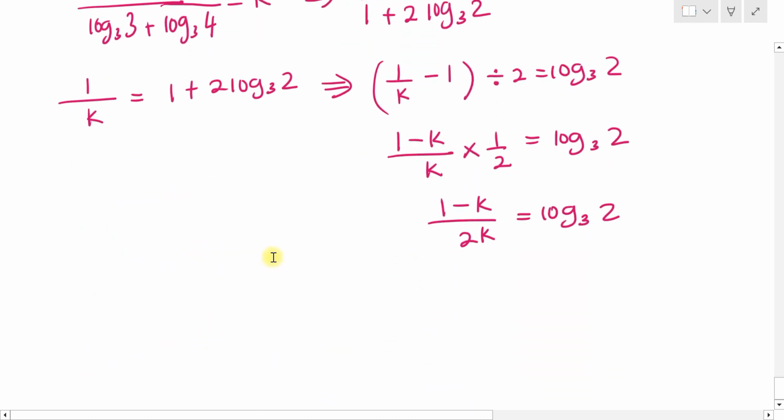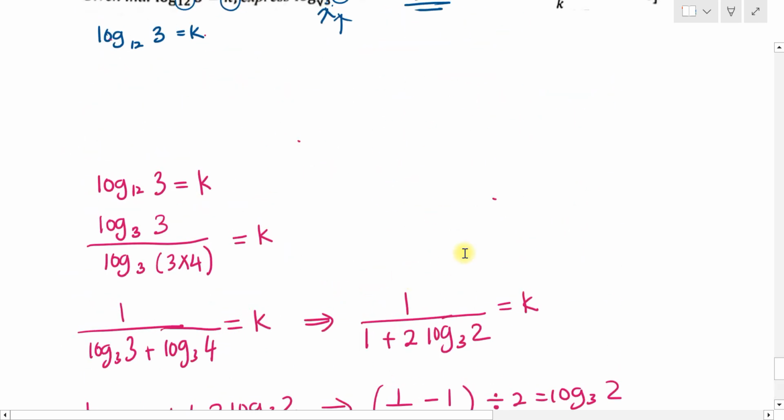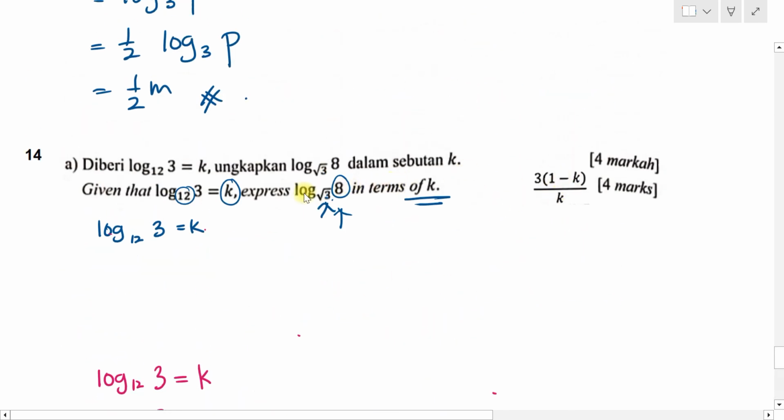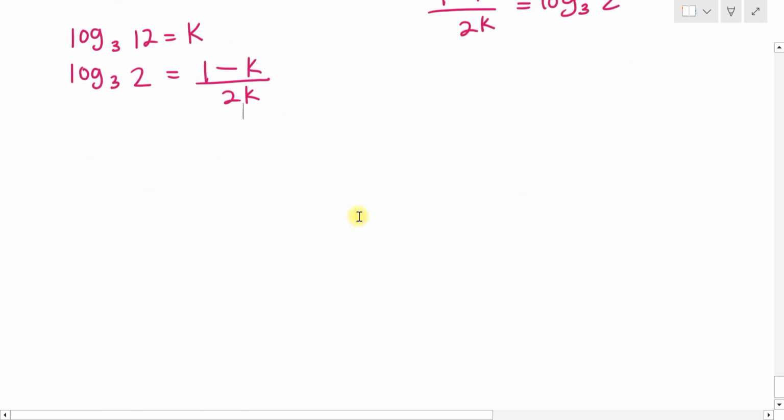Okay, now we have two things, log 3 12 equal to k, log 3 2 equal to 1 minus k over 2k. Okay, we have two things already. Let's try to find log surd 3 8.